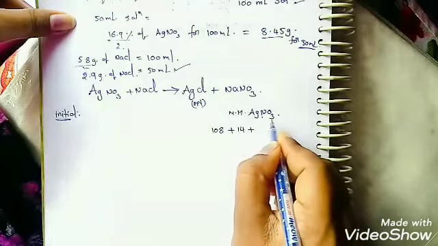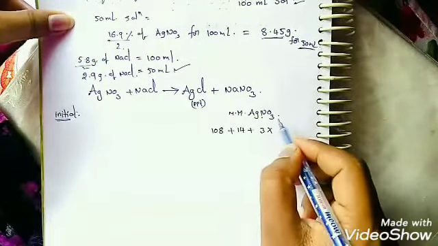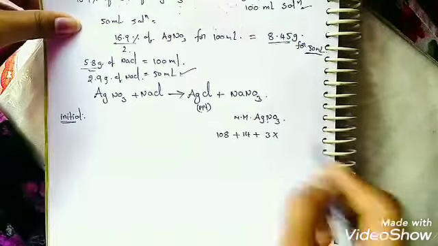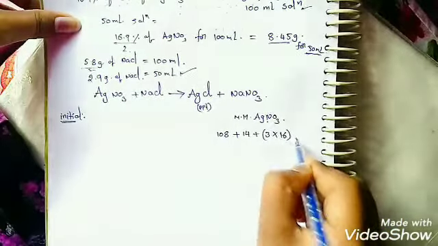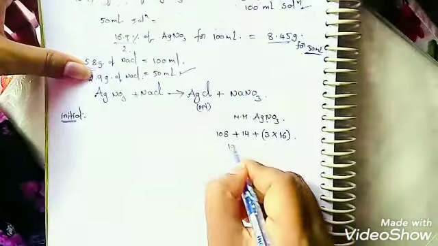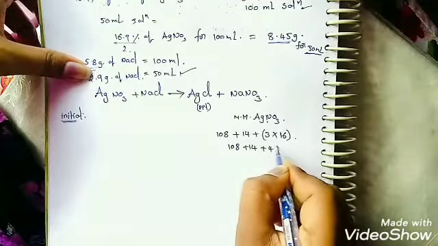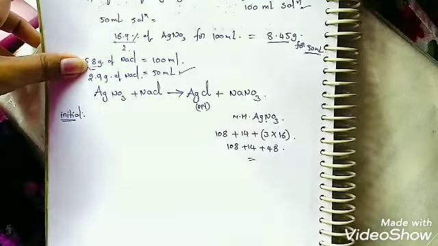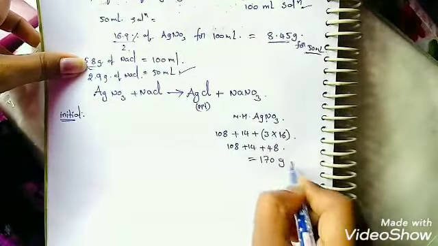Plus 3 oxygen atoms, 3 into 16, that is 48. So 108 plus 14 plus 48 gives 170 grams.